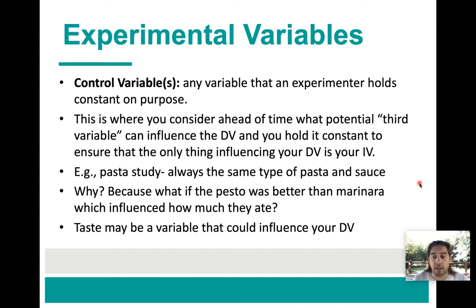Really strong experiments will control variables of importance that need to be controlled. If they don't control them, then the experiment might lack internal validity, because you might have this other third variable creeping in that's going to mess up the causal effect of independent to dependent variable.